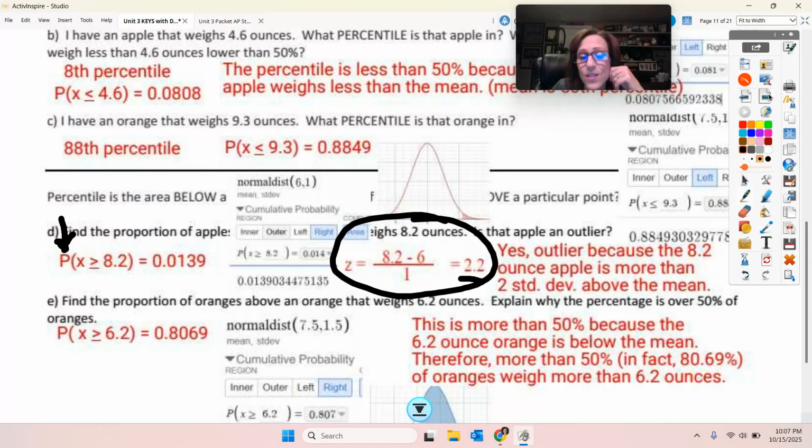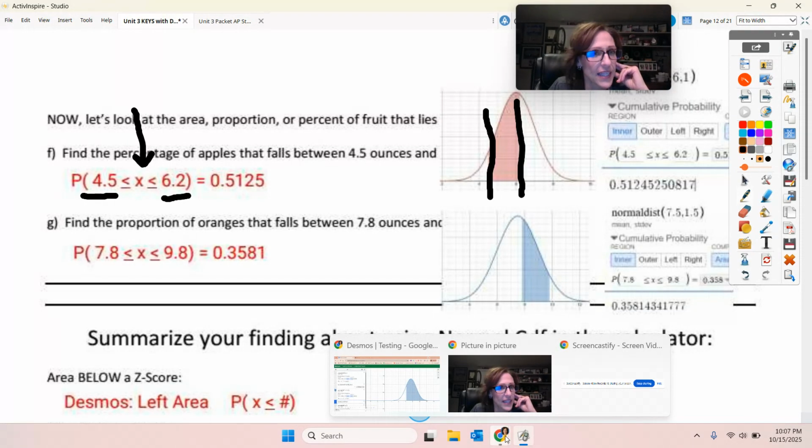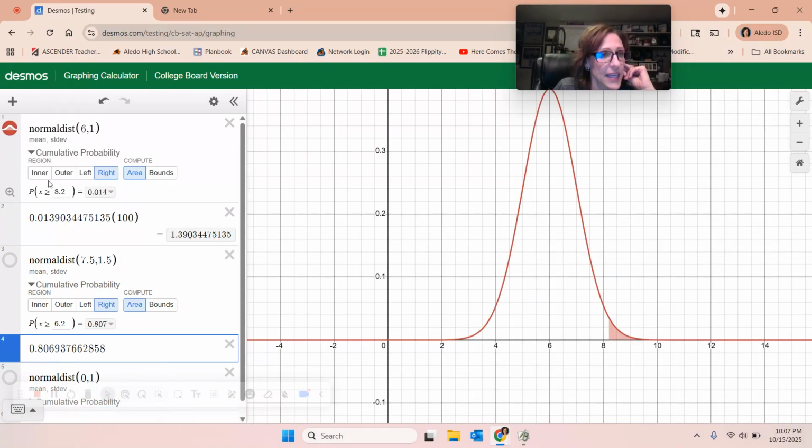And so this one here is the area in between. So look, I have my X, the probability of finding an X, a context value, in between. So notice the inequality signs point to the smaller value, point to the left, in between 4.5 and 6.2. So this is the apple again, 4.5 and 6.2. Okay, so let's see how that would look here. So what do you think we would put here? It is in between.